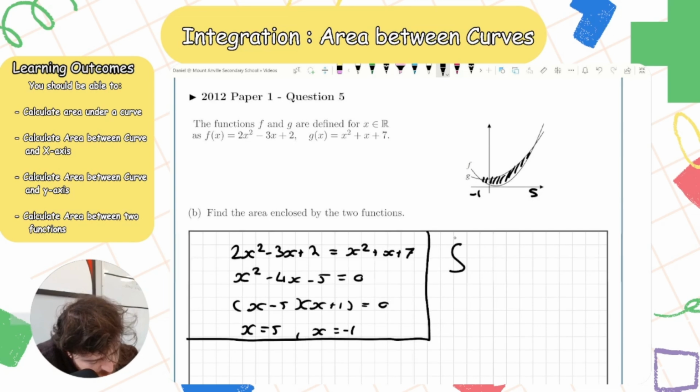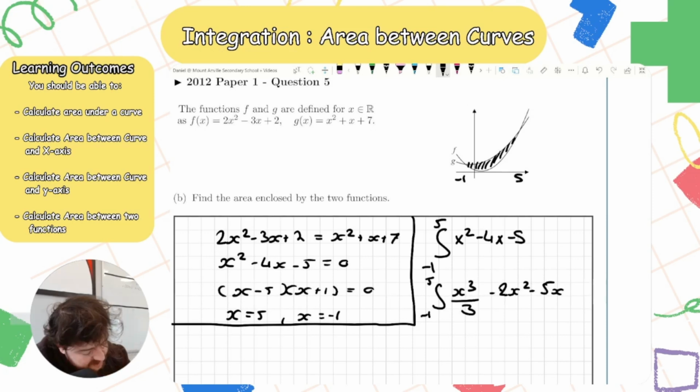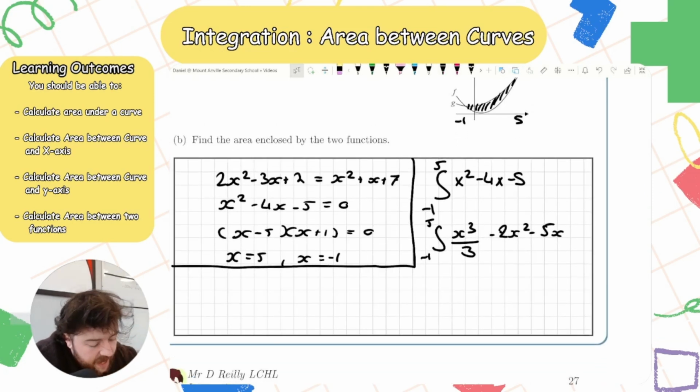So I'm integrating between 5 and minus 1 of x squared minus 4x minus 5. That gives x cubed all over 3 minus 2x squared minus 5x. Then sub that in to our calculators.